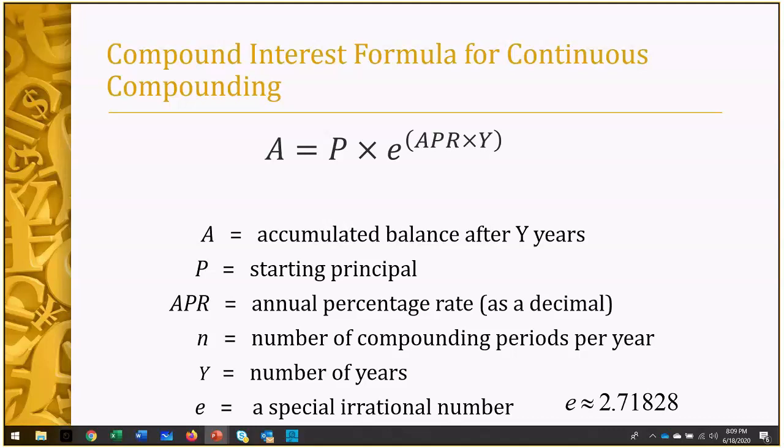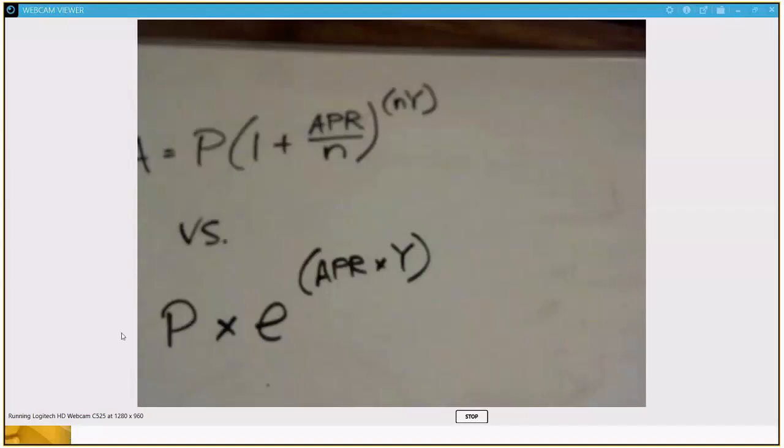So I'm going to bring this old one back up that we had been working with before and show you why we need a new one. And then I'll explain what that E thing is if you've never seen that before. Okay, so here we go.